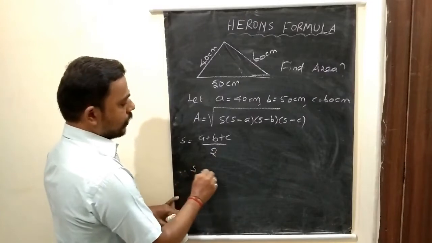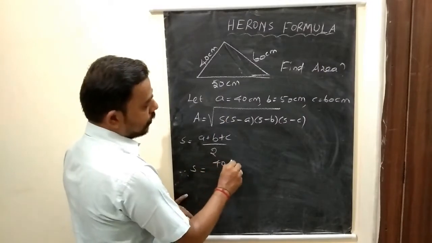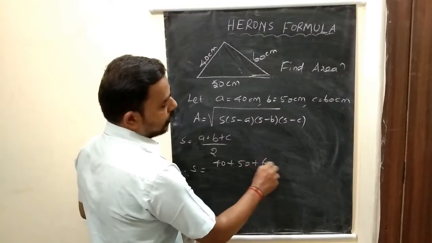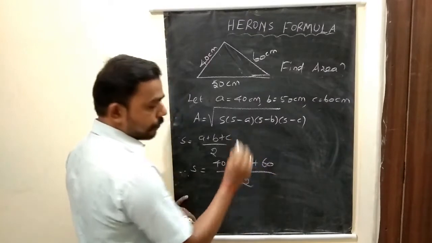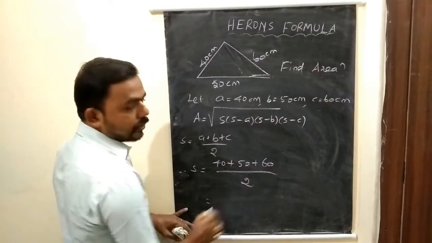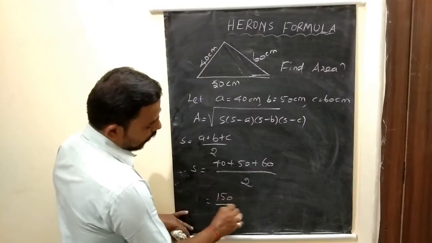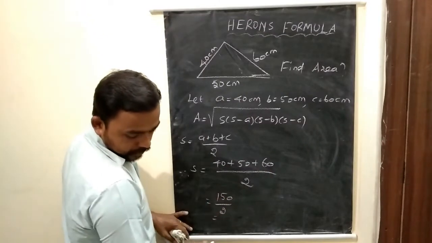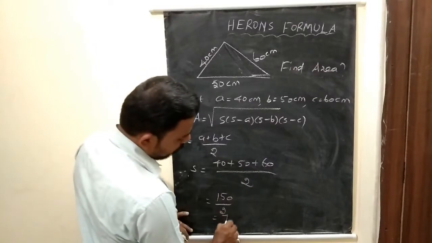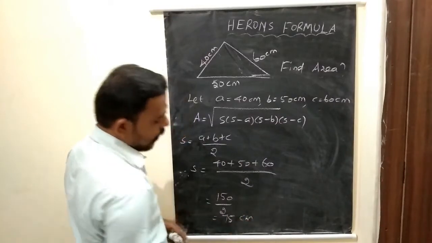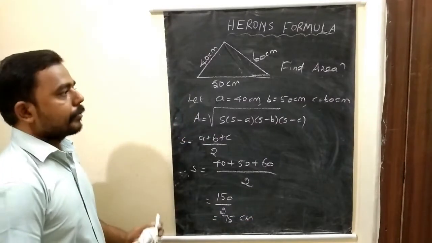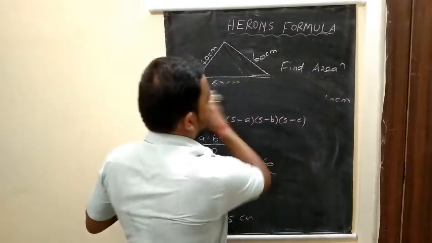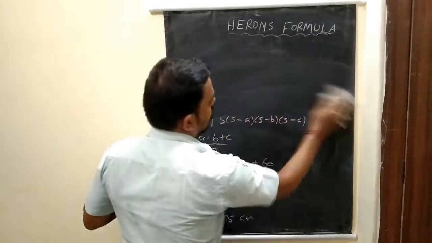So therefore S is equal to 40 plus 50 plus 60 whole divided by 2. So 40 plus 60 is 100, so 150. 150 divided by 2 is 75. Now S equal to 75 centimeters. Now I am going to find the answer.